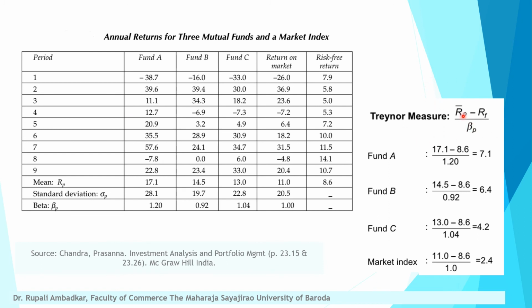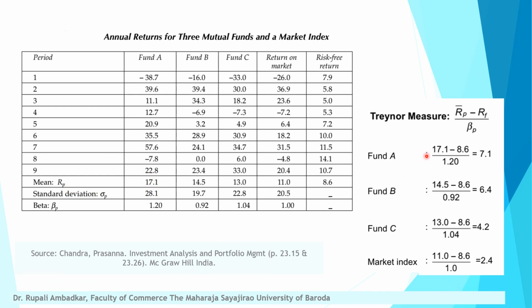So the average return on the portfolio P, in this case, we will calculate first for portfolio A. So the average return on the portfolio minus the average risk-free rate of return divided by the beta of the portfolio. If you are considering fund A or portfolio A, let us see what the average return is. The average return or the mean return is already given here, which is 17.1.